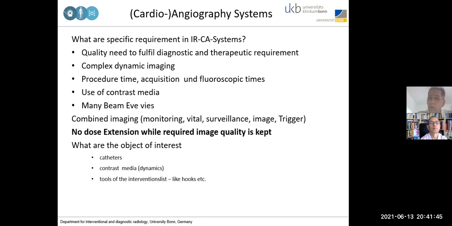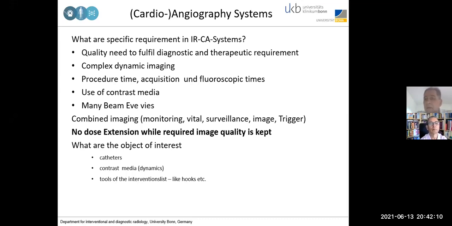So what angulation of the system do you use? And you really have to look if all the images at all time match your dose. Or does the dose be extended while you're doing maybe a triggering of the heart, or you do a vital monitoring if that's already done?